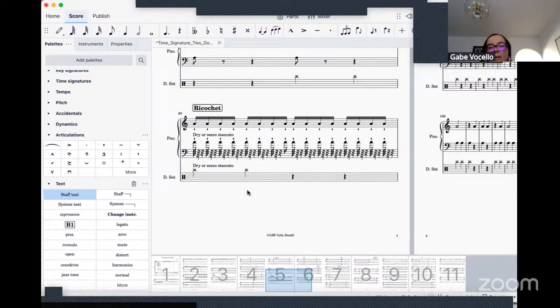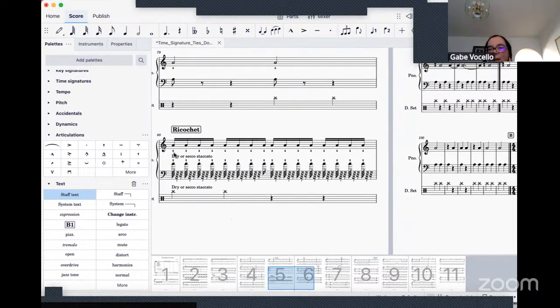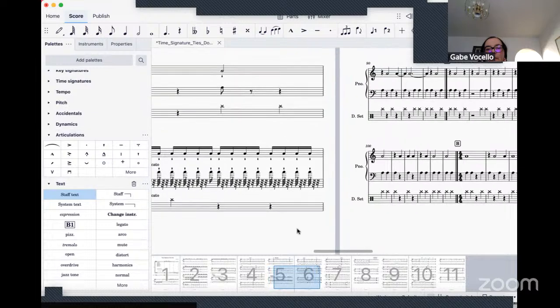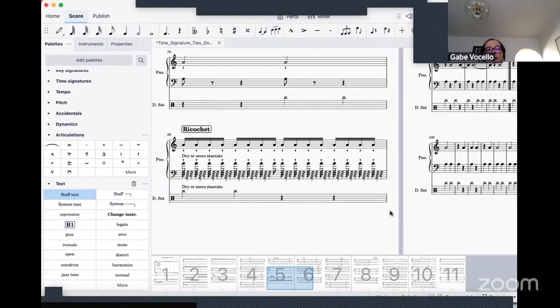That's the execution of this dry staccato. It is one chord of sound plus 3 chords of silence. Okay, so now let me see here.